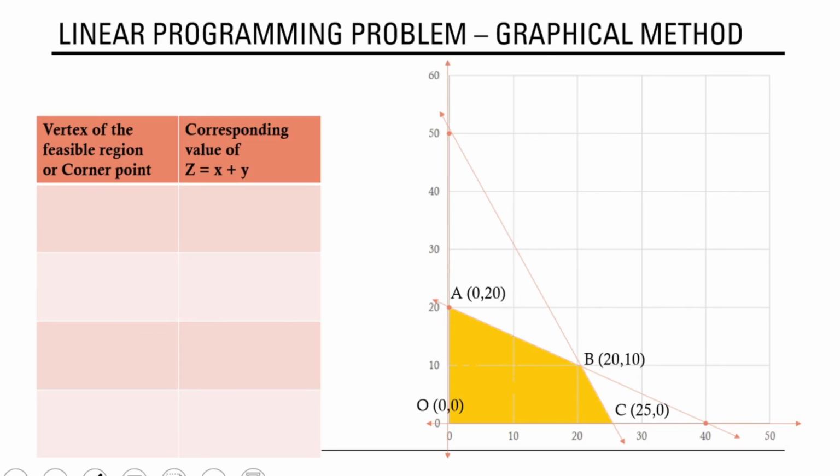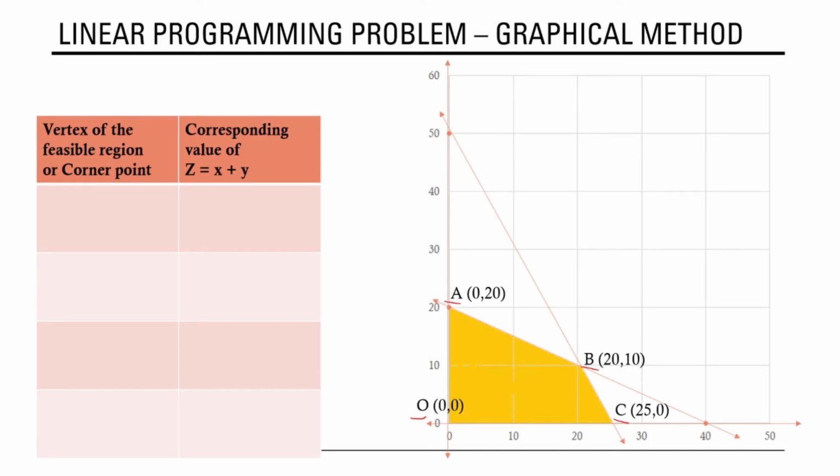So we have the feasible region and we have marked all the corners of the feasible region. The various corners are O, A, B and C. Here I have a table, and the table has the vertex of the feasible region or corner point on one side and the corresponding value of Z equal to x plus y on the other side.